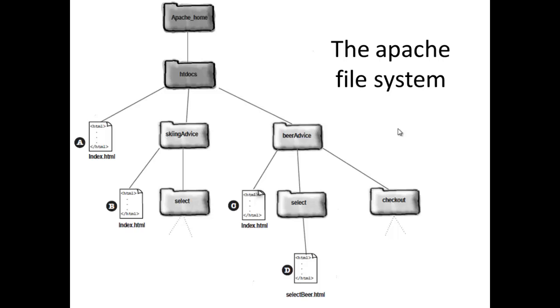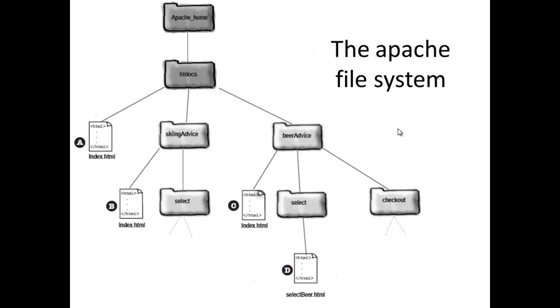This is one application, which gives advice about the scheme, and that's another application, the one considered before, that advises about your beer. And underneath, as you see, there is select and there are index files for each application.